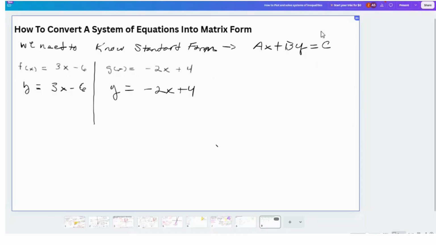C would be like a number, right? You typically want that to be a number, otherwise you've got a function. So C, insofar as we're concerned this far, probably needs to just be a number. So what we do is we subtract 3x on both sides over here, and we get standard form, right?